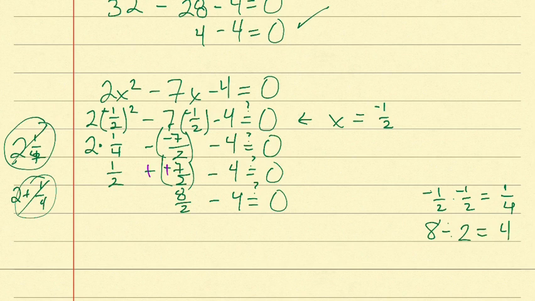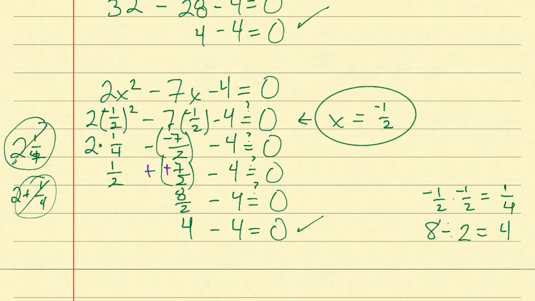I'm going to take out that 8 halves and replace it with the number 4. I think you'll agree with me that it is obviously true that 4 minus 4 equals 0. So I have checked my second candidate, and I believe that is the true other solution to this equation.